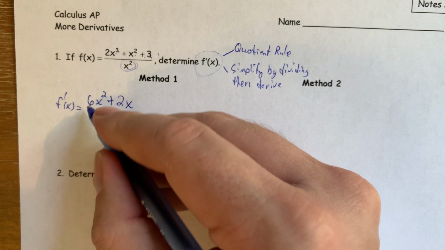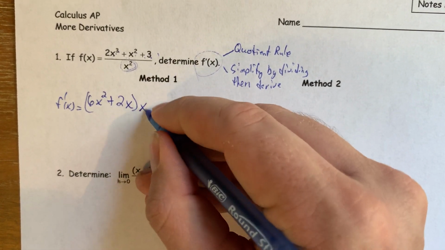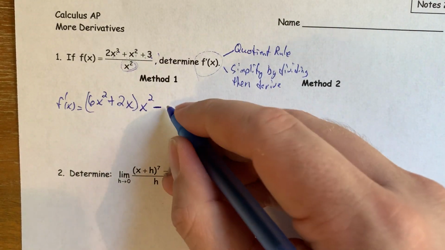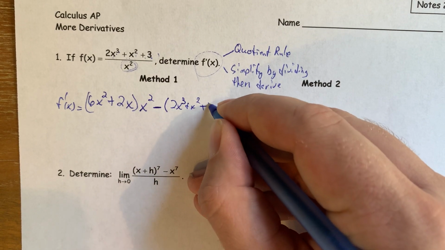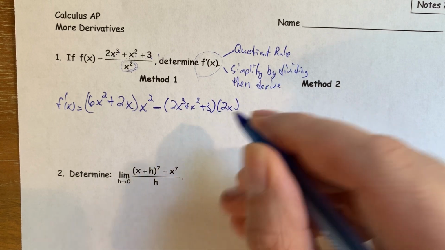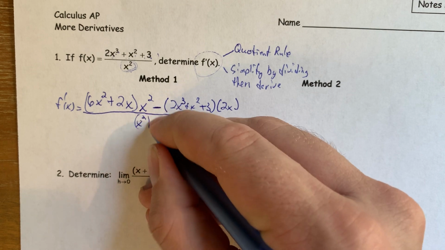So this is the derivative of the top times, and since I'm multiplying times a binomial, I need to put it in parentheses, x squared, minus, we leave the top alone, and since we're going to be multiplying, I need to put it in parentheses, times the derivative of the bottom. So the derivative of x squared is 2x.